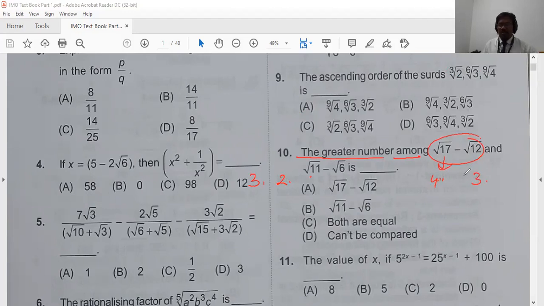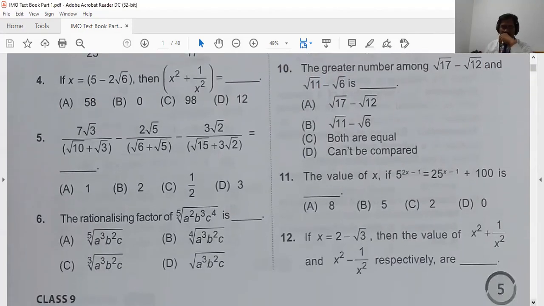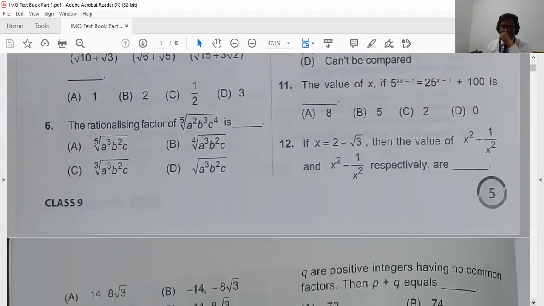So we have to find the exact number. Definitely this number is more than this one. Do it yourself, DIY. I'm not solving this question right now, because manually we have to calculate the square root. So do it yourself.